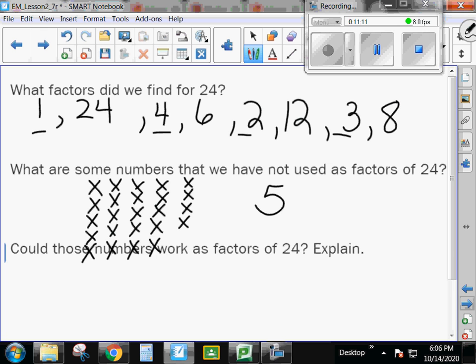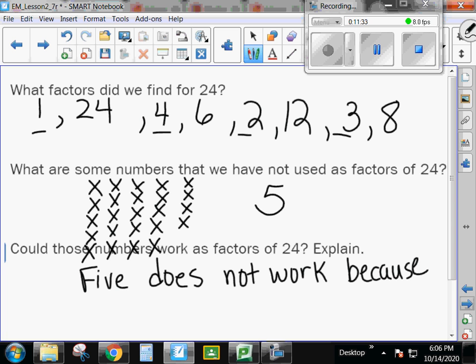Now it said, could those numbers work as factors of 24? Because we didn't use 5, 5 would not work. Why not? So I'm going to say 5 does not work because why?